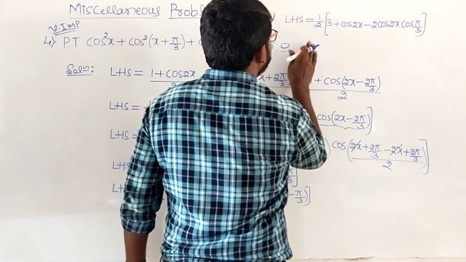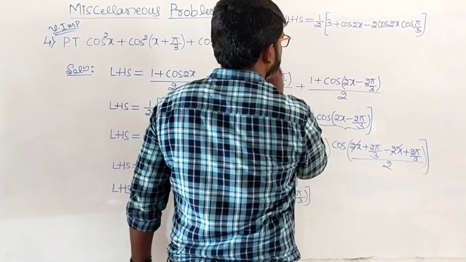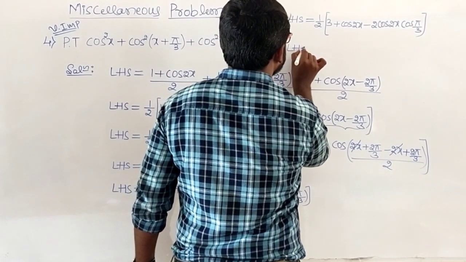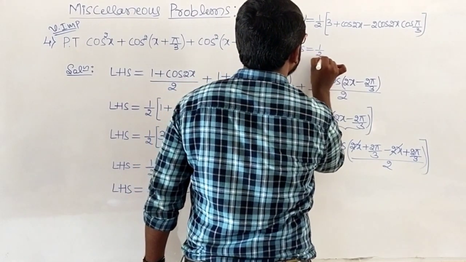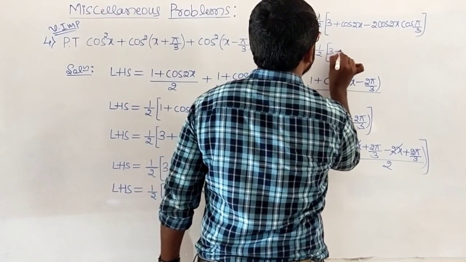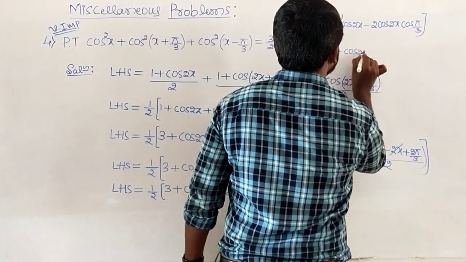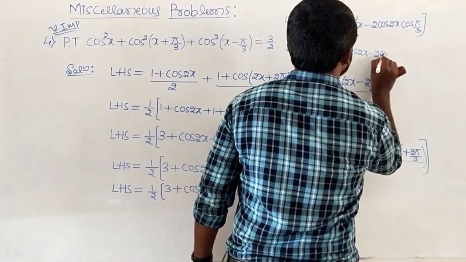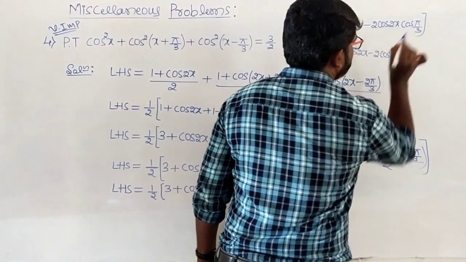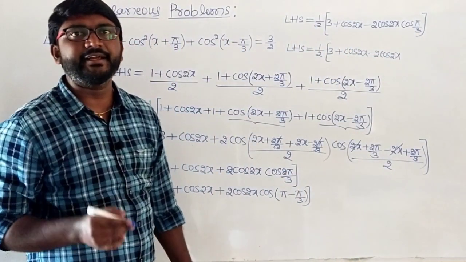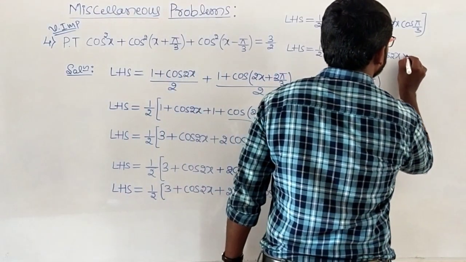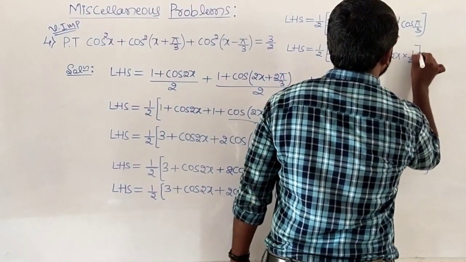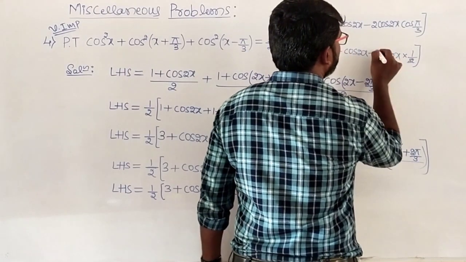Then in the next step, LHS, which is equal to 1 by 2, then 3 plus cos 2x, then minus 2 cos 2x. Then what is the value of cos pi by 3? That is cos 60 degrees. It is 1 by 2. Then the 2s get cancelled.